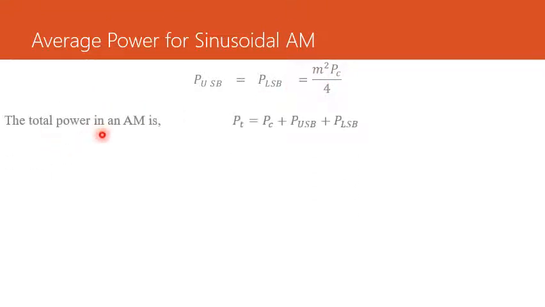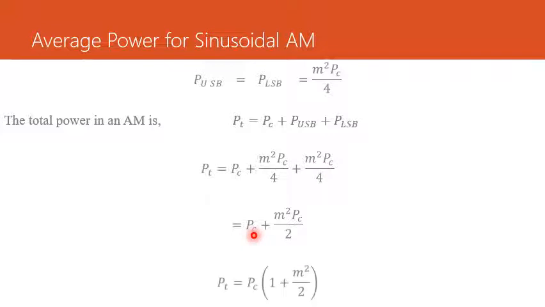So the total power in an AM signal is given as PT, which is equal to the carrier power plus upper sideband power plus the lower sideband power. So PT is equal to Pc plus m square into Pc by 4 plus m square into Pc by 4. In all these terms, Pc is common, right? So we can take that Pc outside. These two terms are the same, so it is Pc plus 2 times m square into Pc by 4.